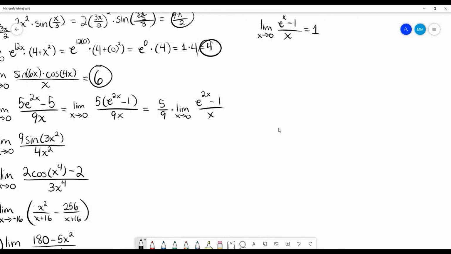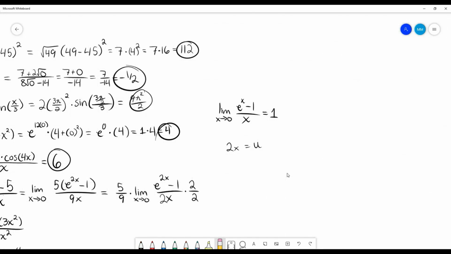And so what I'm going to do to get us closer to the form we want, I'm just going to multiply everything by 2 over 2. And the reason I'm doing that is because I want this down here to be a 2x so that it's in that form up there, so that 2x equals our x, or I guess we could use another variable to denote that.